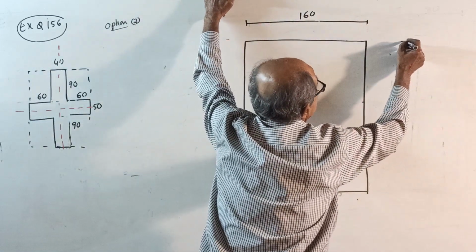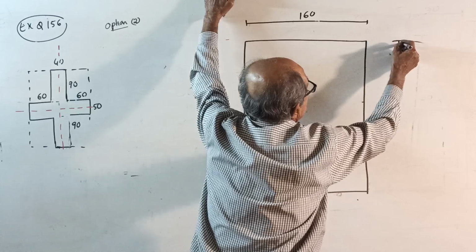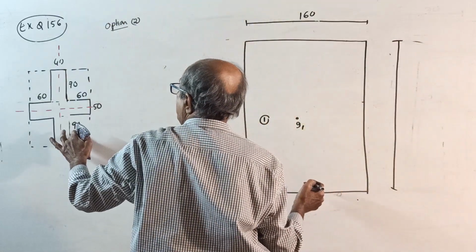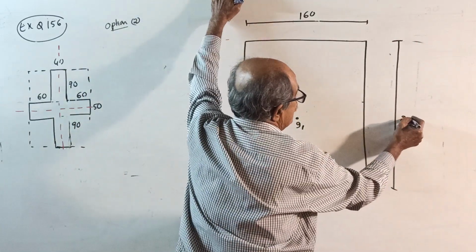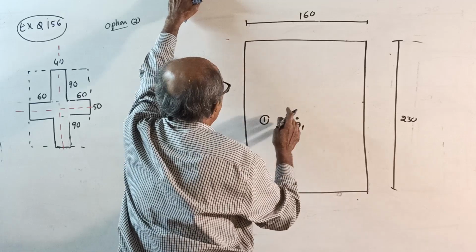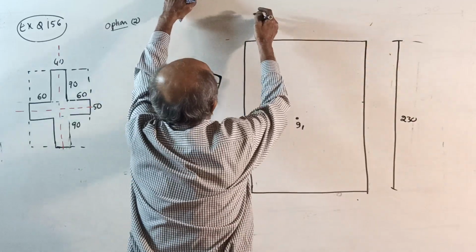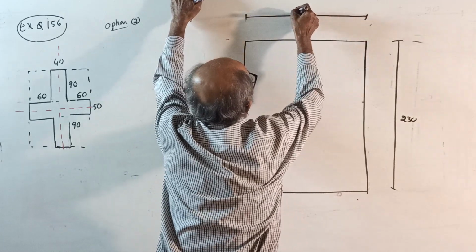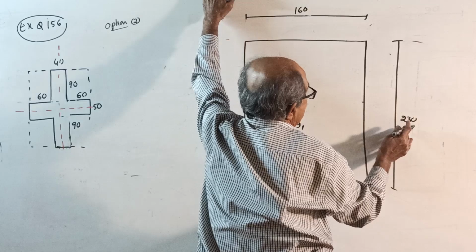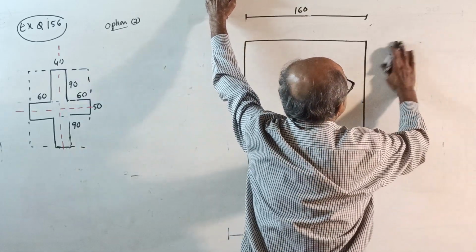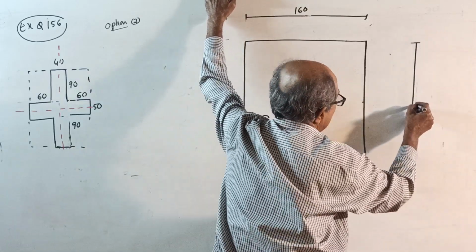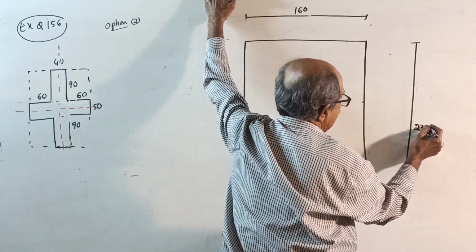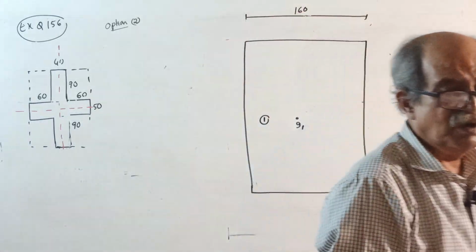This total is 90 plus 90, 180, plus 50 is 230. Now 160, I want it to that side, for some reason. And 230 also, I want that side. Why, I will tell you later. Okay, one minute. Check the camera once.